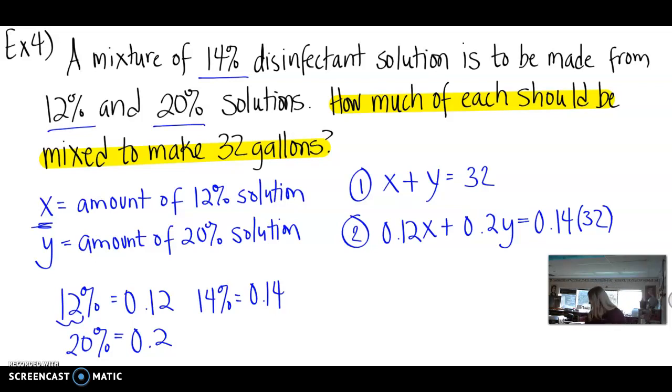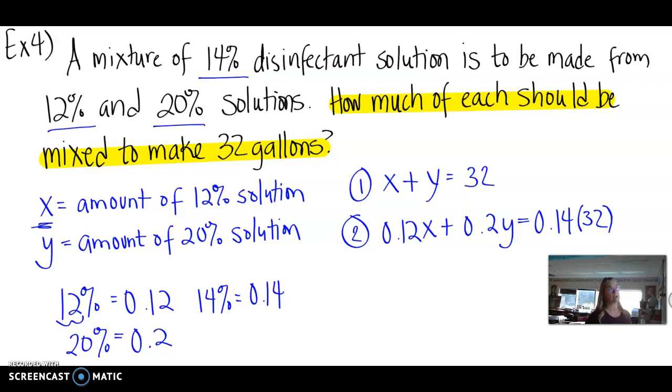So if you just look at what is 0.14 times 32, that is 4.48. That means if you have 32 gallons of this solution, 4.48 gallons have to be the disinfectant. The rest is water or whatever they put in with the disinfectant.